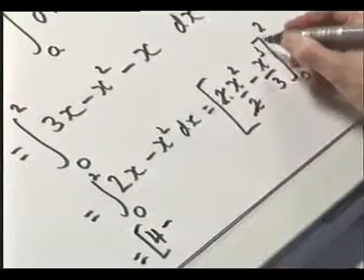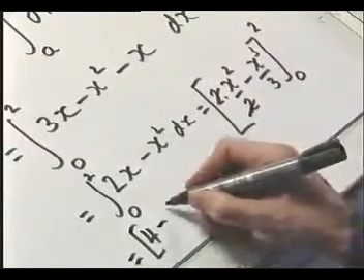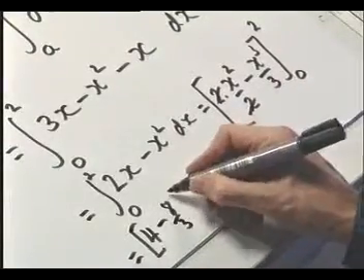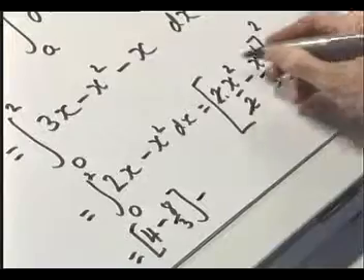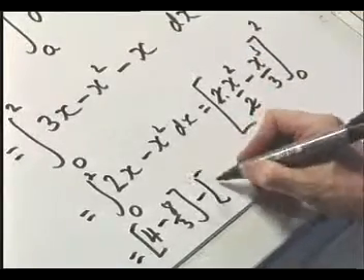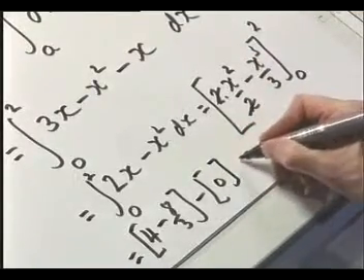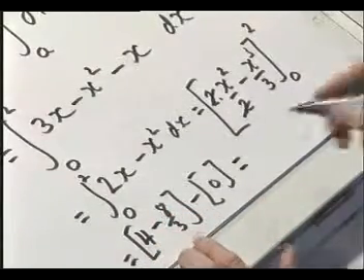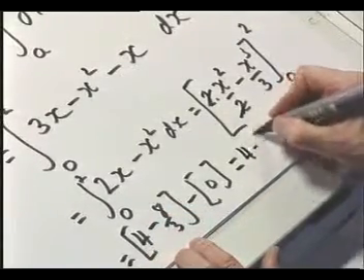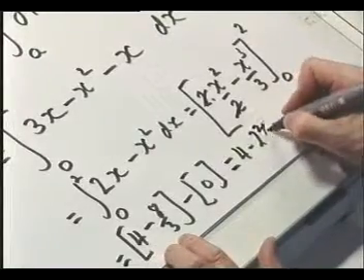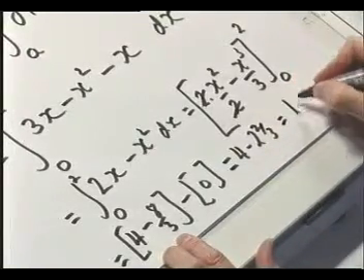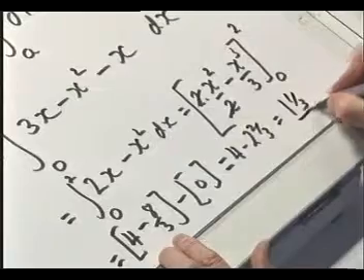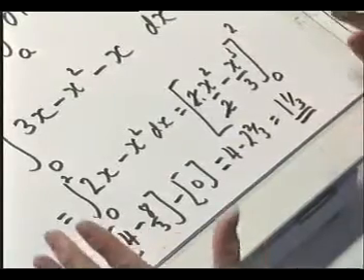minus x cubed, when x is 2, that's 8 over 3, minus, and when I put 0 in, that second bracket is just 0, equals 4 minus 2 and 2/3, which just gives me 1 1/3 units of area, which is exactly what we had last time.